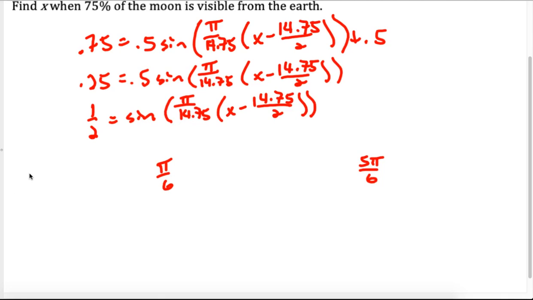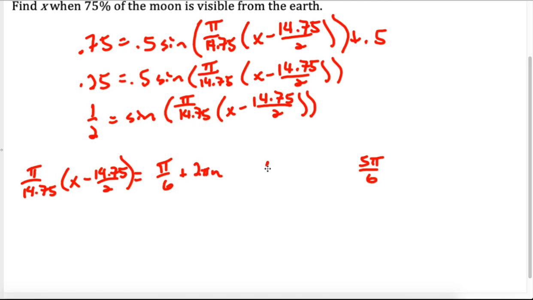So I'm taking this whole thing, this pi over 14.75 times x minus 14.75 over 2, and setting that equal to pi over 6 plus 2 pi n.